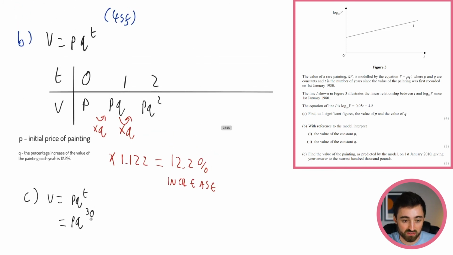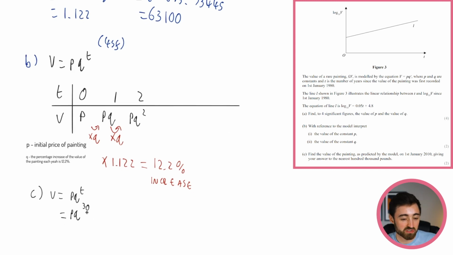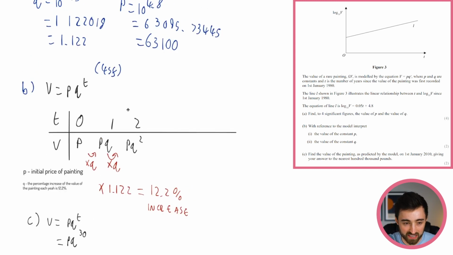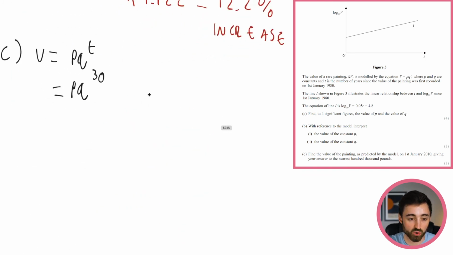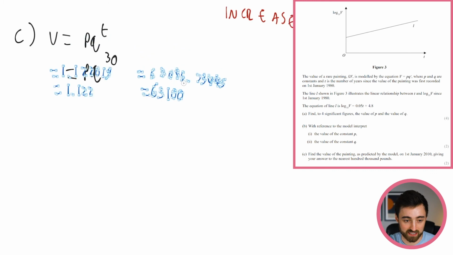Okay, so I am inclined to use the unrounded values of P and Q here. I think that would be much better. So if I was to grab these values here, just to avoid any rounding errors, right? I don't like using rounded values. So I'm going to use these unrounded values in my calculator here.